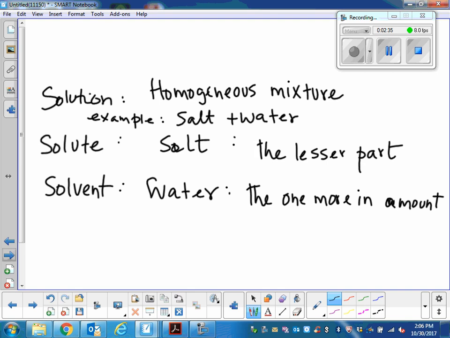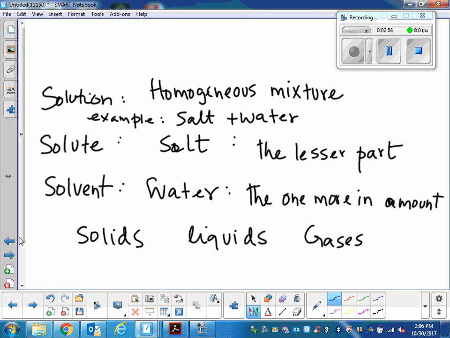Now, should a solution always be a liquid? Solutions can be solids, solutions can be liquids, and solutions can be gases.